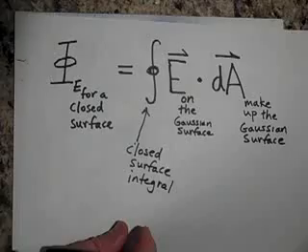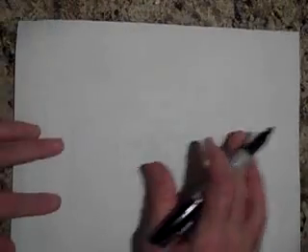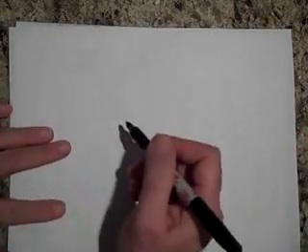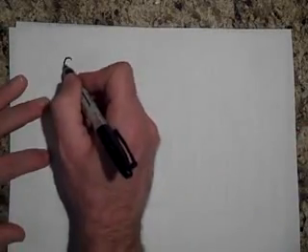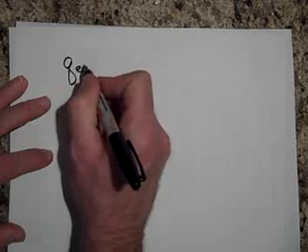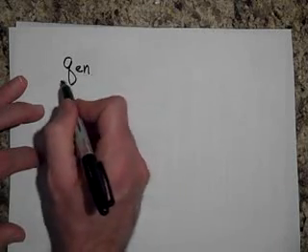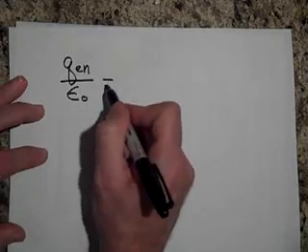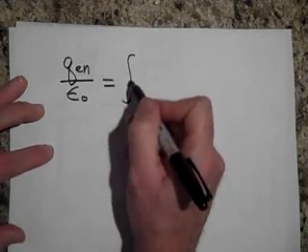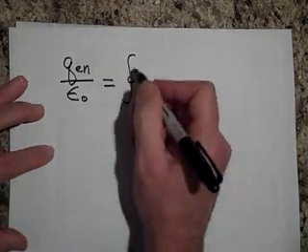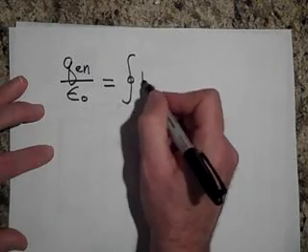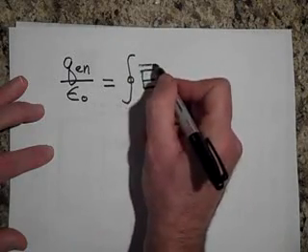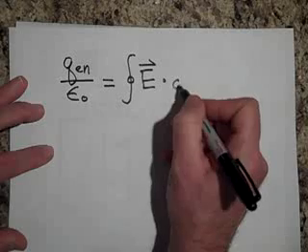Okay, so what Gauss's law then does is it just takes those and puts them together, since they're both finding the flux through a closed surface. This is how you see Gauss's law stated sometimes. You see it saying Q enclosed, the total charge enclosed, over epsilon naught, is going to be equal to the net flux through a closed surface, E dot dA.